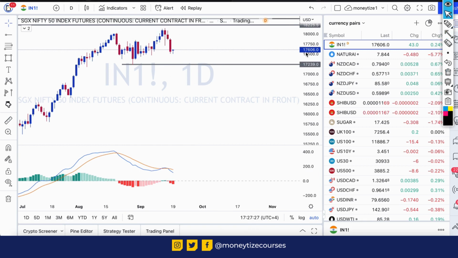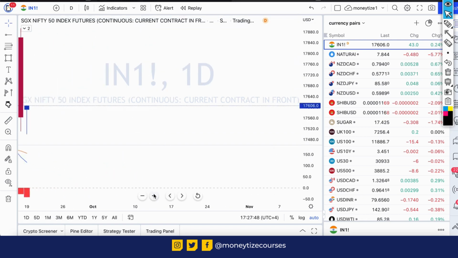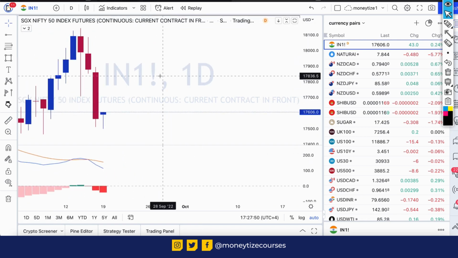Now the problem here is after this bearish divergence on the daily time frame, it was required to break below this level, that is 17,239. To round it off, we can say 17,240, which never happened. So we still have a probability of it going higher and cleaning the previous highs.